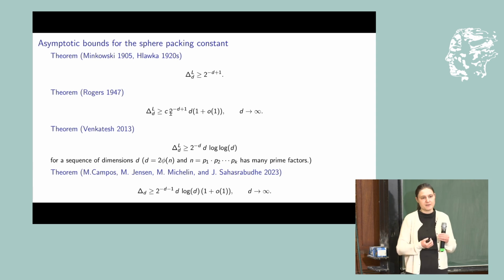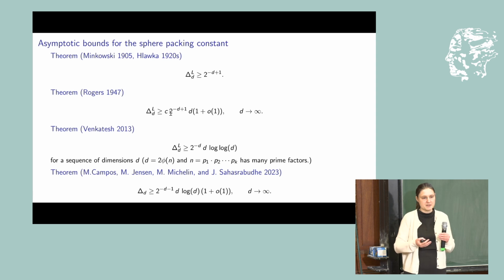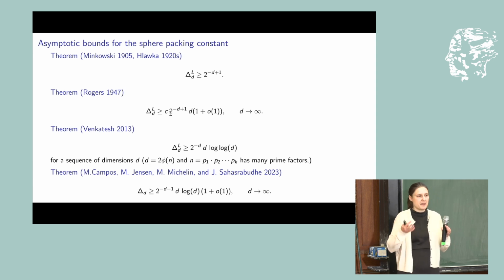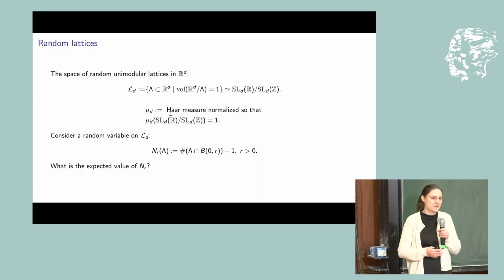Then we can get this log d term, and maybe in big dimensions, very big lattices or very big packings, cannot be much better than random ones. But of course, it depends on which team you belong to. At this point, it seems more of a philosophical question.